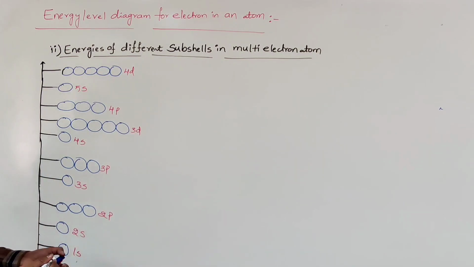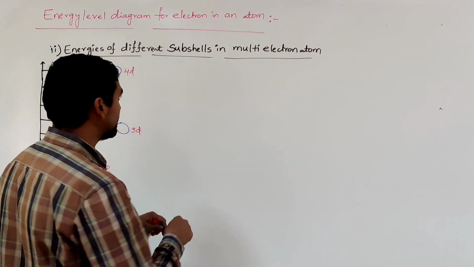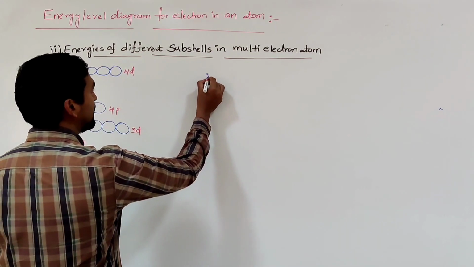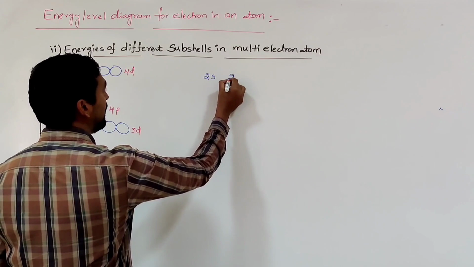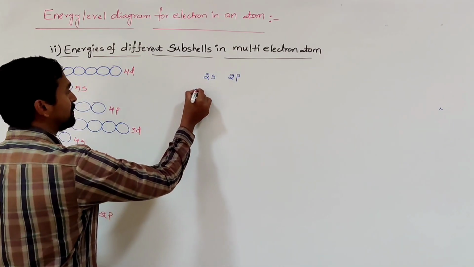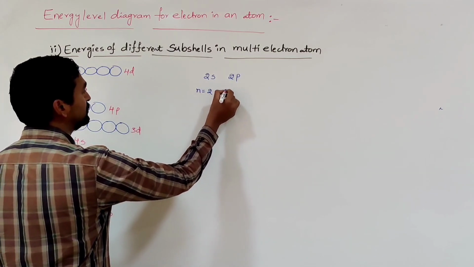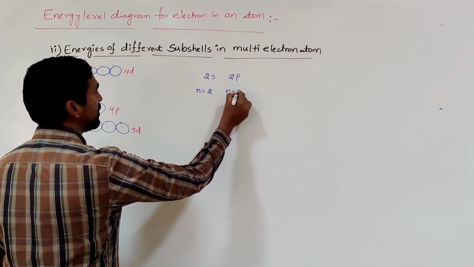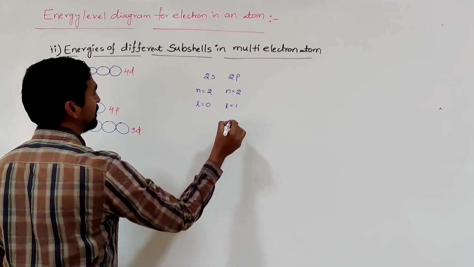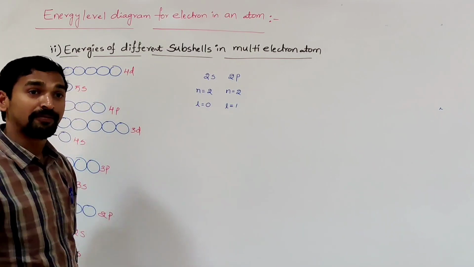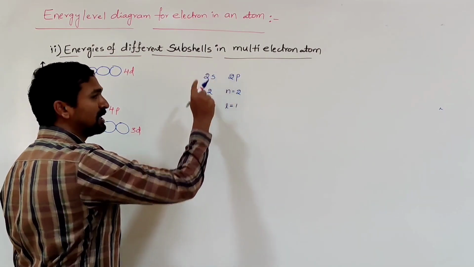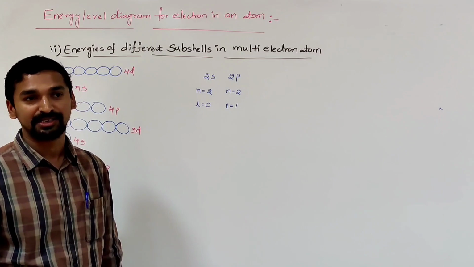So simply, the different subshells in a given principal energy level have different energies. What do I mean by that? For example, take the second energy level, with 2s and 2p. The principal quantum number is 2 for both, and the azimuthal quantum number is l = 0 and l = 1. In the hydrogen atom, the 2s and 2p subshells have the same energy.